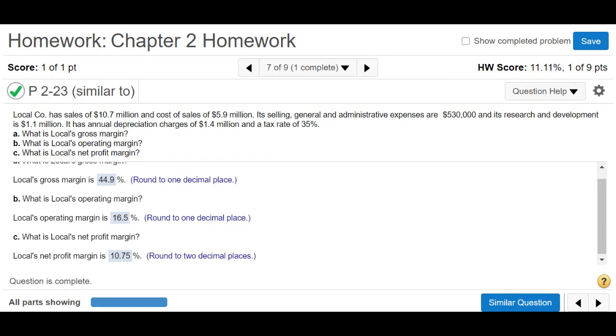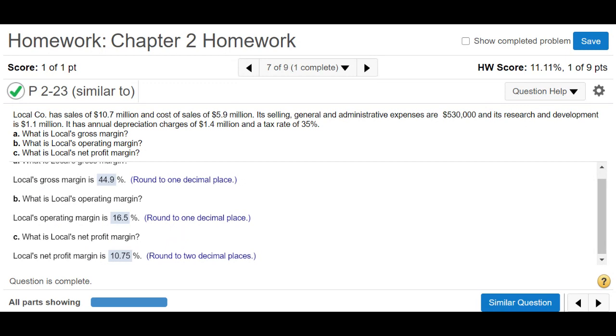The second part, right? 10.7 minus 5.9 is 4.8. 4.8 minus 530,000 minus 1,100,000, and then minus 1,400,000, divided by 10.7. Then you're going to get this number.